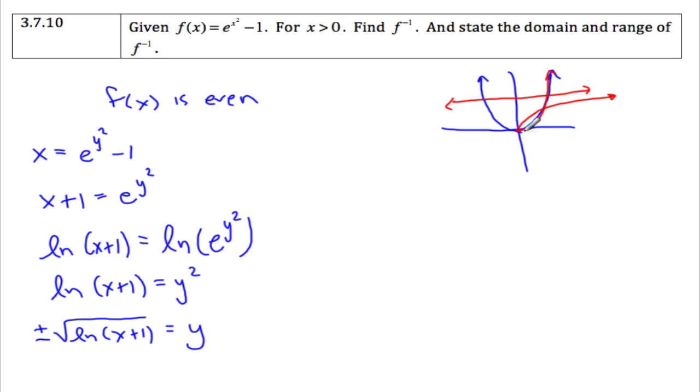So like I said before here, the plus piece will be the piece that I just drew, and then the minus square root will be this piece. Well, since the inverse is greater than 0, then I only want this piece. But if it said less than 0, then I would take the negative. So all I want is the positive.